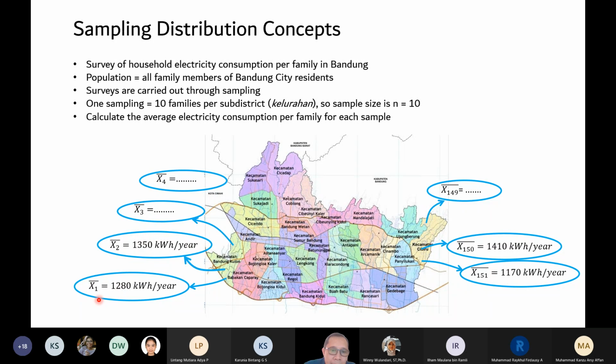For example, X bar 1 is the mean of sample number 1, taken from some kelurahan and kecamatan somewhere. X bar 2 is the sample mean for sample number 2, then X bar 3, X bar 4, and so on, all the way to X bar 151, the mean of sample number 151.